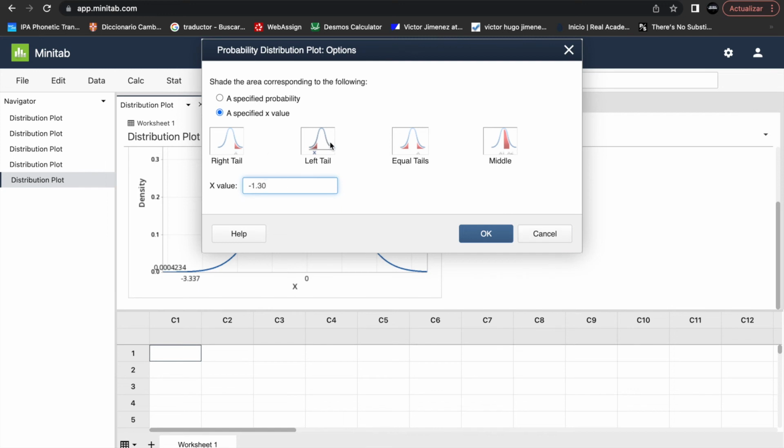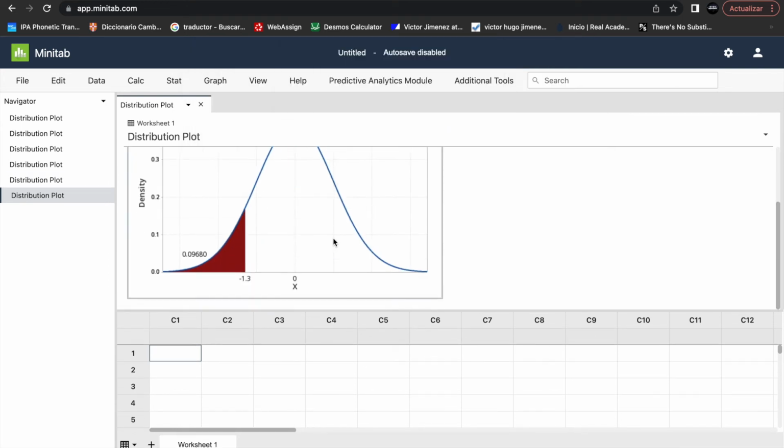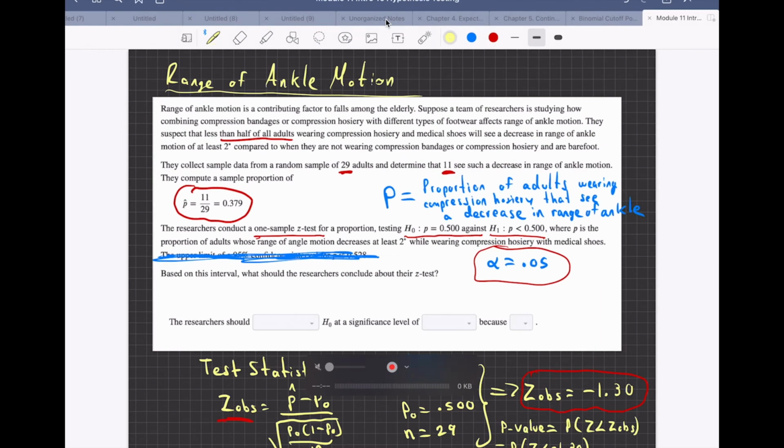It is left tail, so be sure you select that one, okay, okay. The result is 0.0968. That is the p-value.